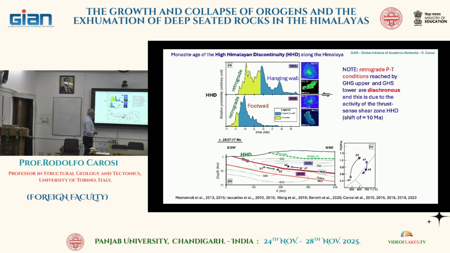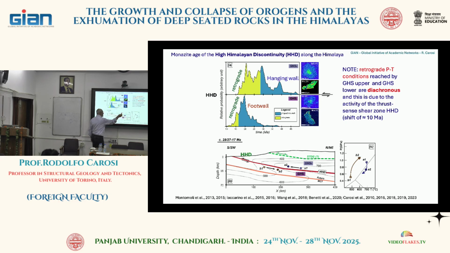So when we activate this shear zone, the rocks below from B1 go to B2 in a deeper position. So from this position, they increase in temperature and pressure and go to B2. But the rocks in the hanging wall are exhumed, because you can see the arrow.